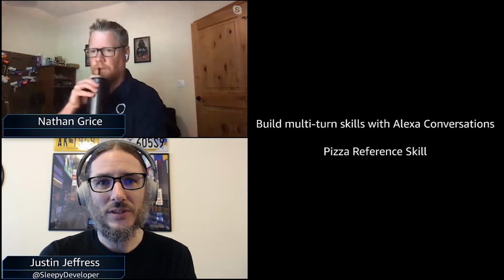And so you can kind of think of it as the Alexa Conversations 101 course. And then you can think of the content that Nathan created, the pizza reference skill, as 300 level. It takes your knowledge and expands upon it. So I'm really, really excited today to have Nathan on to go through that and talk about all the different advanced techniques that he employed to do some really cool things with Alexa Conversations.